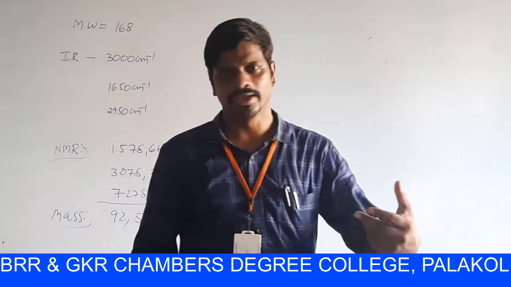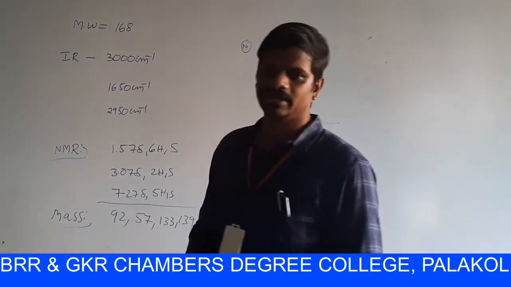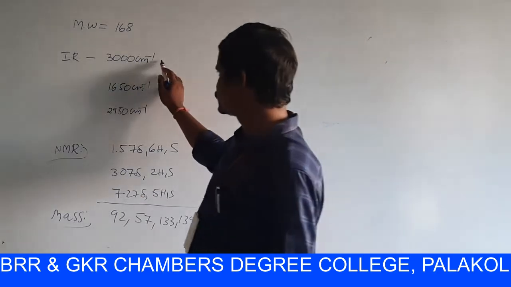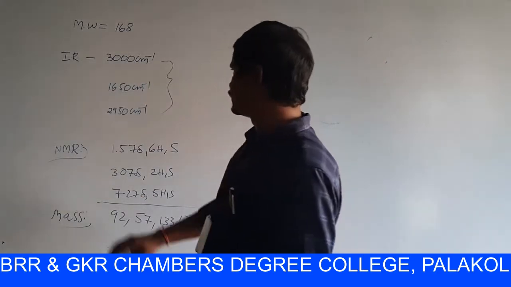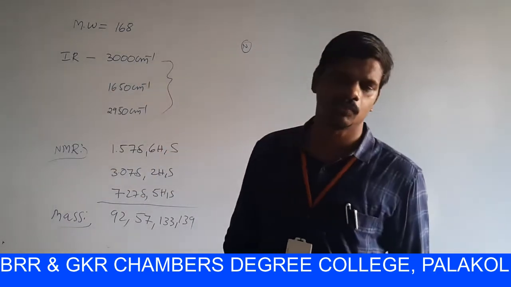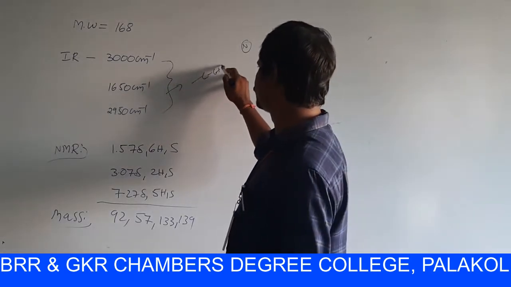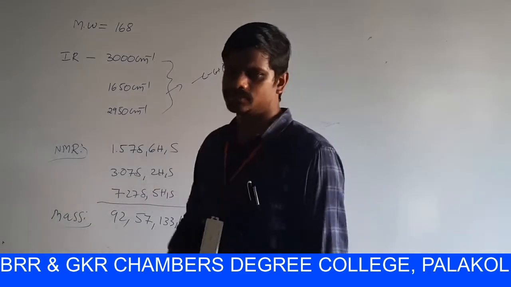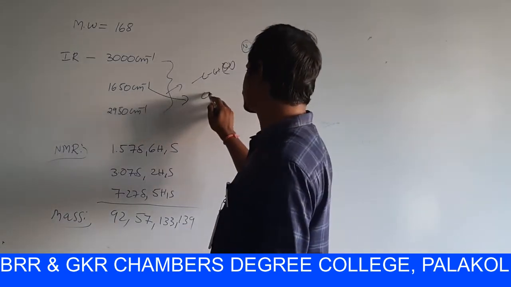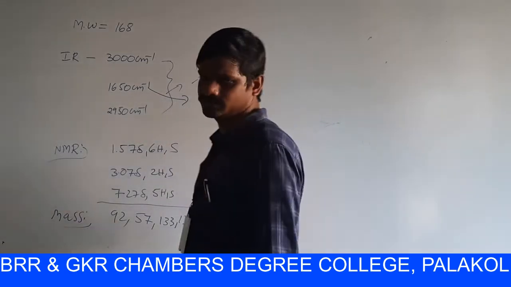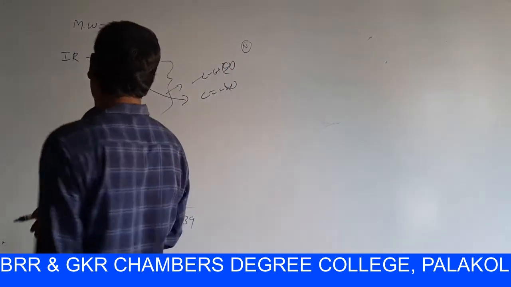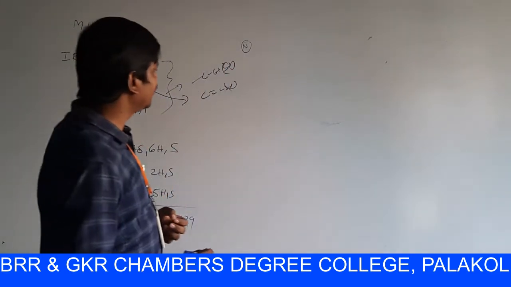The IR is 3000 centimeter inverse. Already I said that 3000 and 2950 centimeter inverse, both values represent C-H stretching frequency in alkanes, and 1650 centimeter inverse indicates C=C stretching frequency. So based on the IR data, we have some idea about our structure.